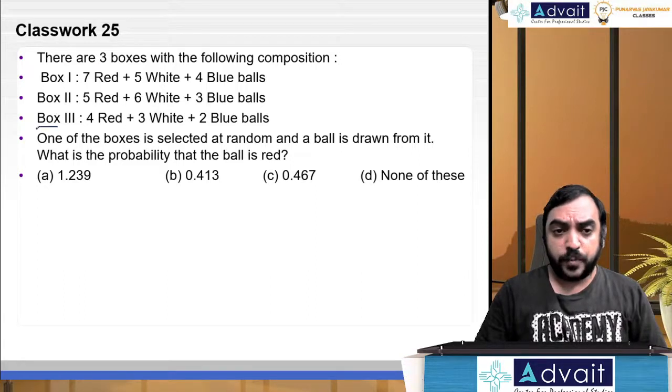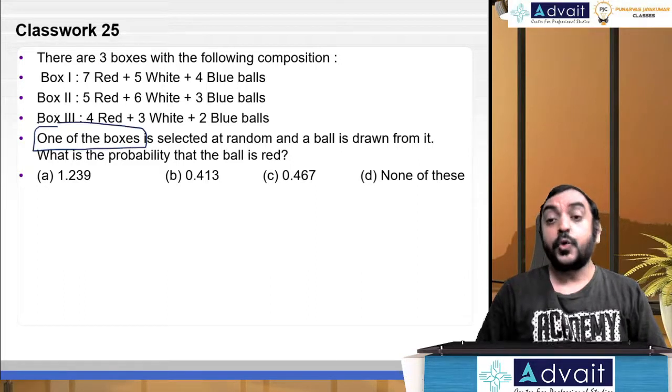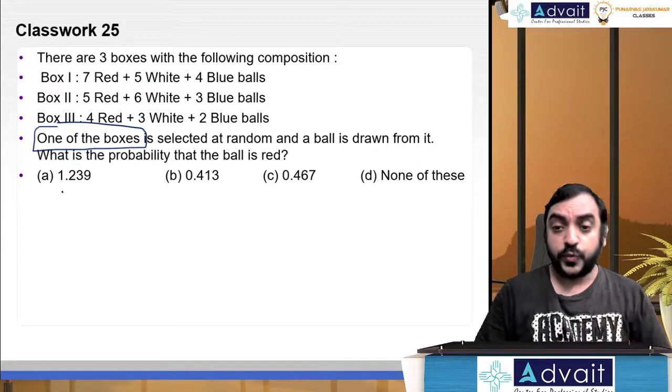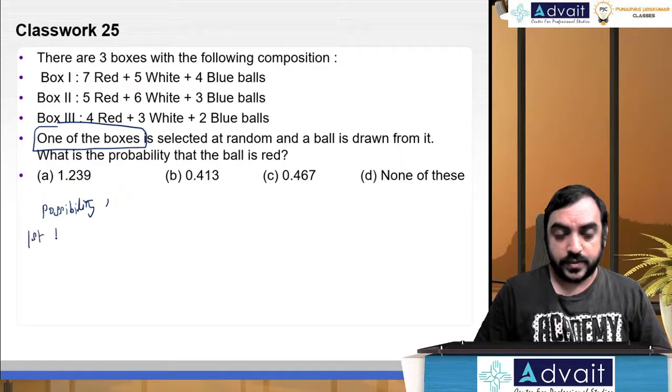First, one of the boxes is selected. Which box? Any box, which means what is possibility 1? First box is selected and you select a red ball.